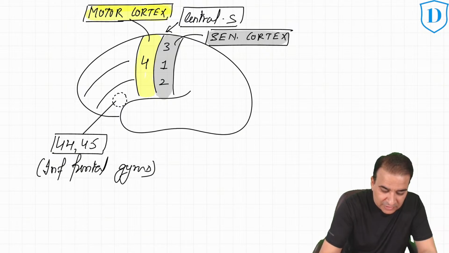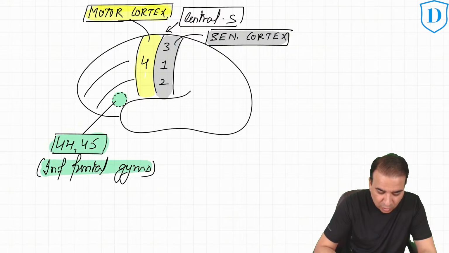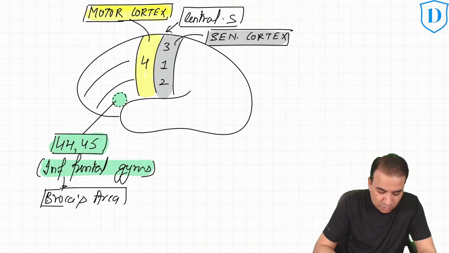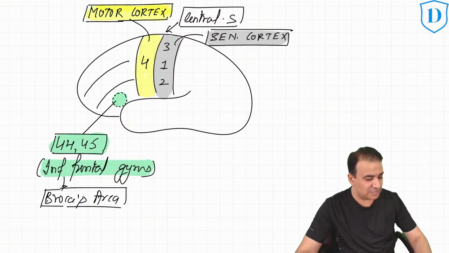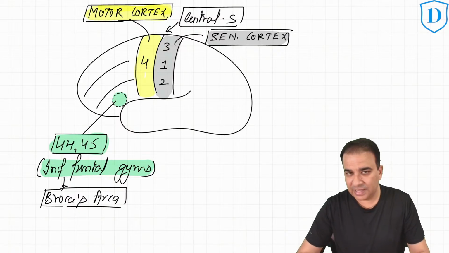Well, what makes 44, 45 so important? It is the Broca's area, also called the motor speech area. अगर इस area में कोई भी injury होगा तो the patient will have a motor aphasia. Broca's aphasia will be there. So that is area number 44, 45.